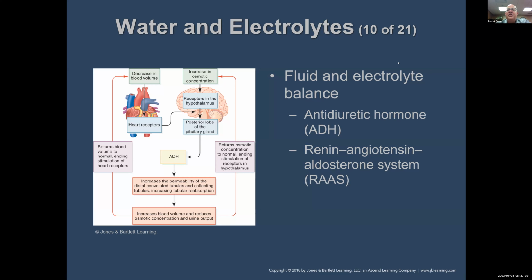The liver's involved just in some converting of things, but really it's the kidneys, and it's the ability of the kidneys then to sense the need for water being held on to, or solutes being held on to. So if we're low sodium, we would hold on to some solutes in the kidneys, okay?